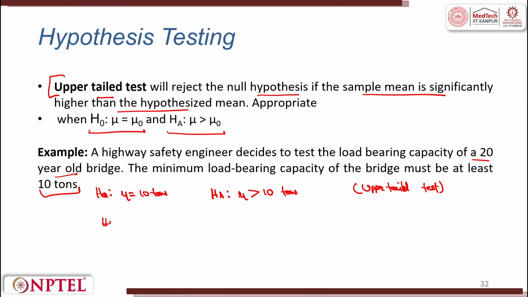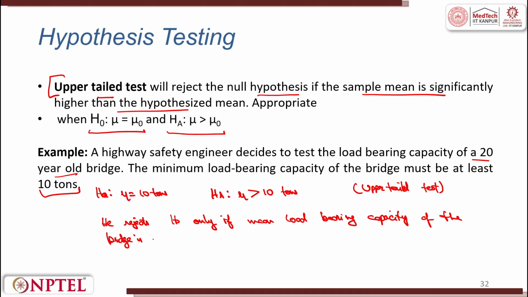So, here he rejects H naught only if mean load bearing capacity of the bridge is significantly higher than 10 tons.